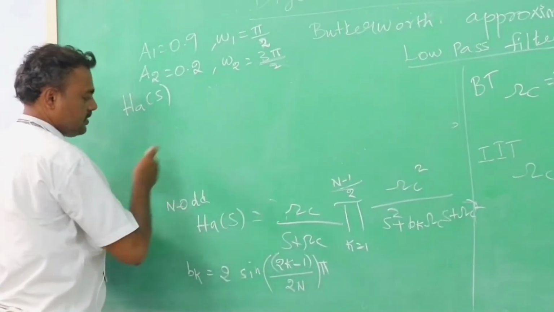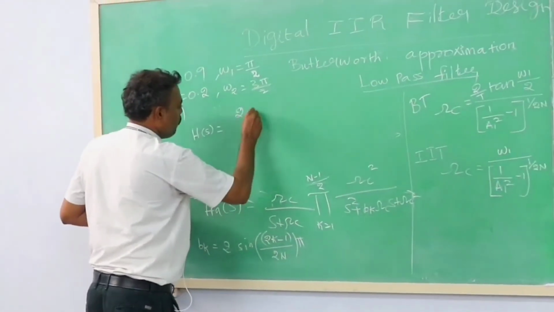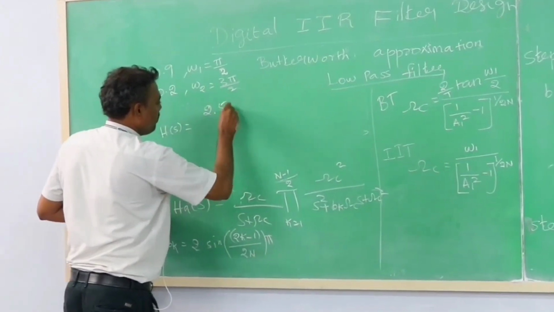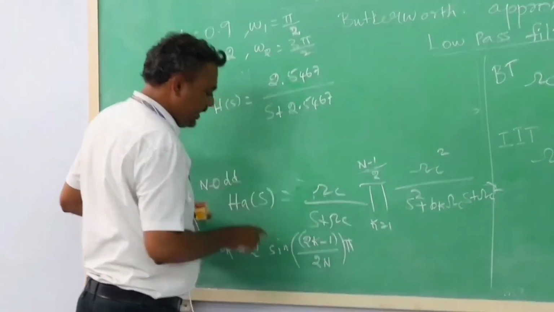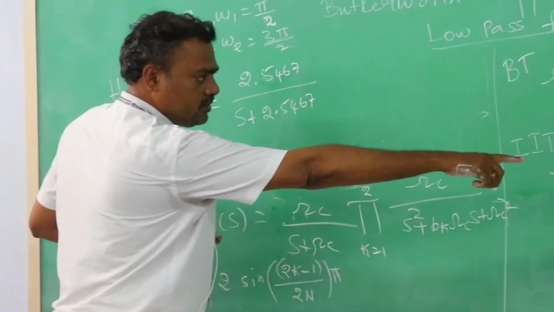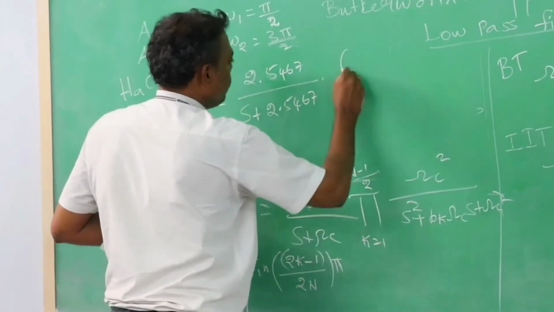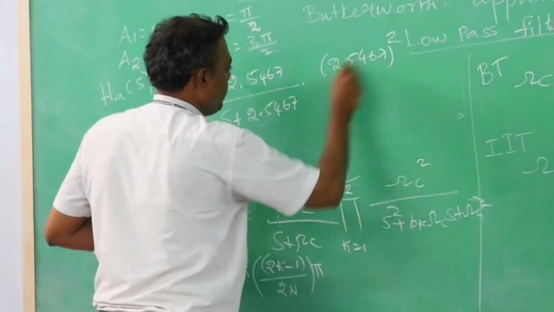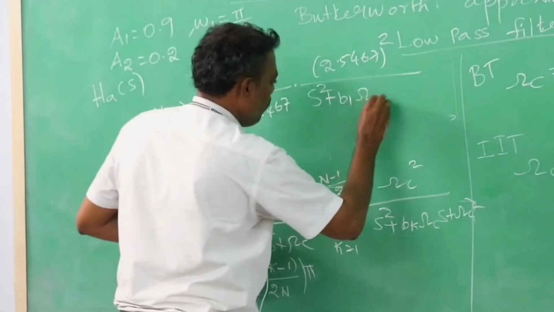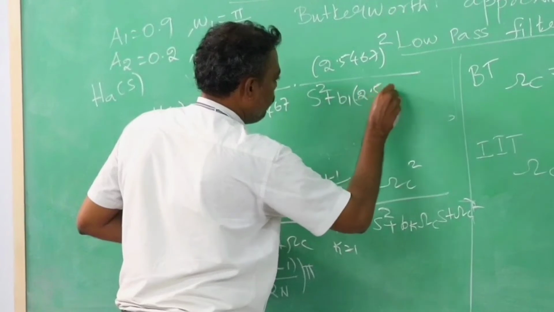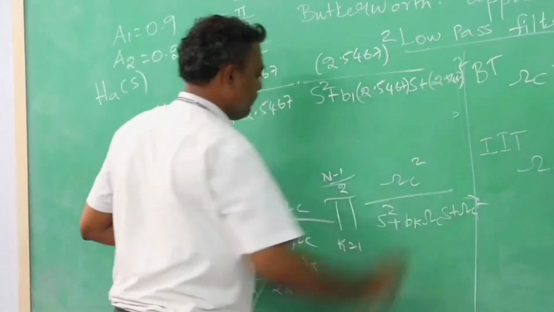H of s is Omega C, which is 2.5467, divided by s plus 2.5467, multiplied by, since n is equal to 3, n minus 1 by 2 is 1, this equation also: 2.5467 squared divided by s squared plus b1 Omega C s plus 2.5467 whole squared.